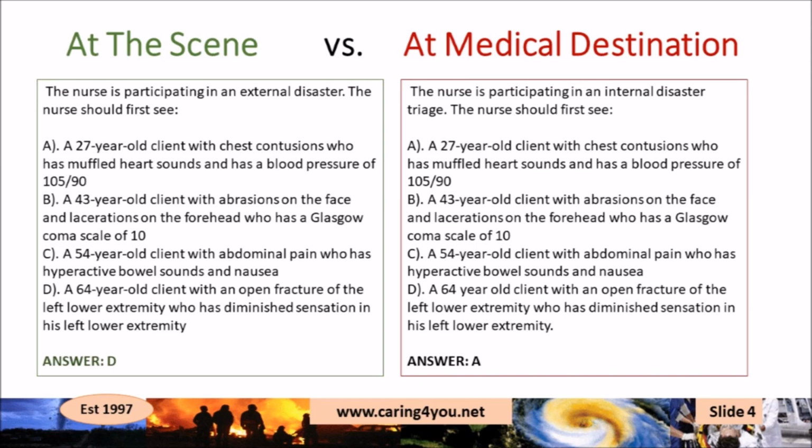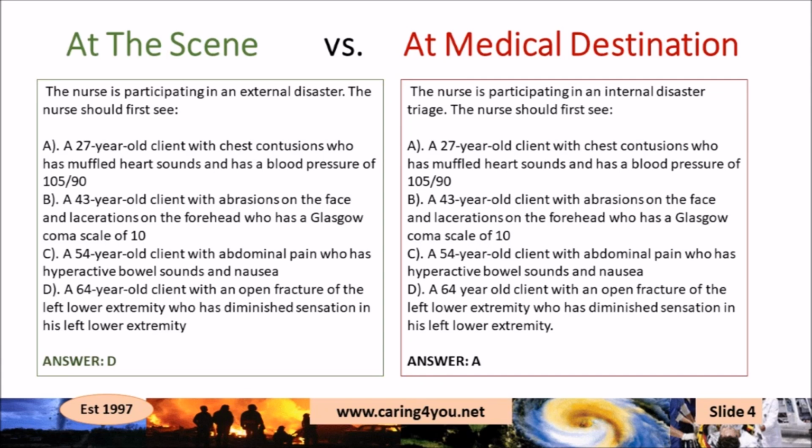And I want you to say to yourself, either put a T, an R, an I, a G, or an E, right? Now read them all first before you put the letters there. Alright? So let's do this. A: A 27-year-old client with chest contusions who has muffled heart sounds and has a blood pressure of 105/90.